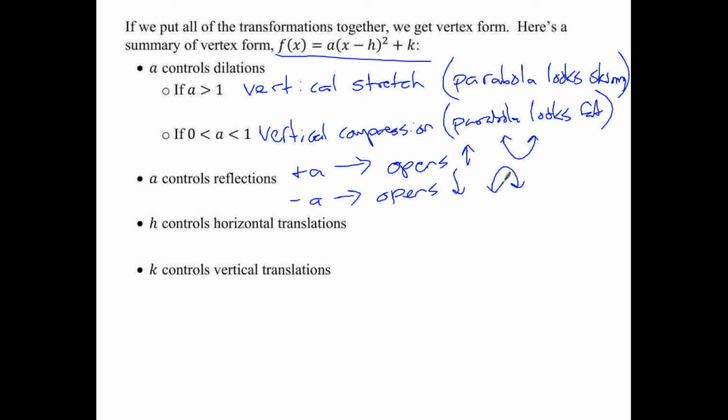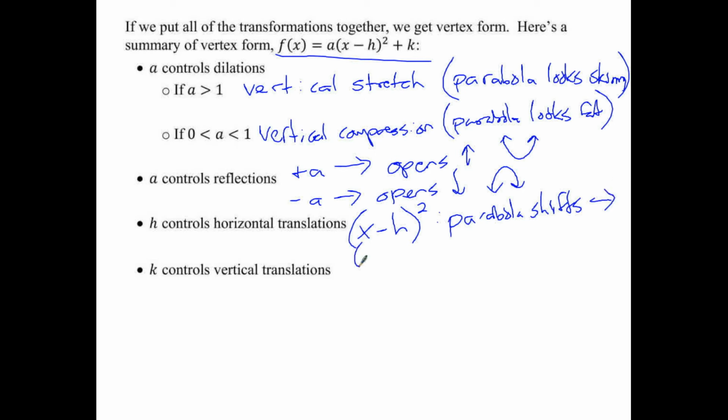Okay, h controls horizontal translations. Horizontal translations means if I see in the parentheses x minus some number, squared, the parabola shifts which way? That's correct, to the right.